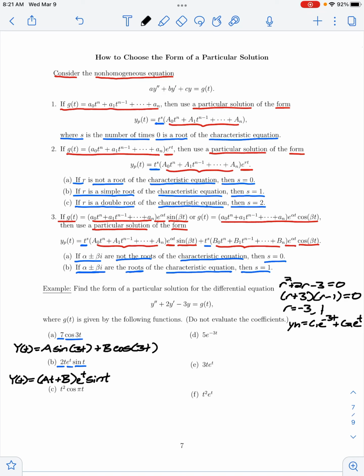But because we have sine as part of our g of t function, we will also have to include the same sort of expression with the cosine. So let's take another first degree polynomial, ct plus d, e to the t cosine of t. And we would not have to modify this initial guess because we don't have any terms in the homogeneous solution involving e to the t times sine or cosine.